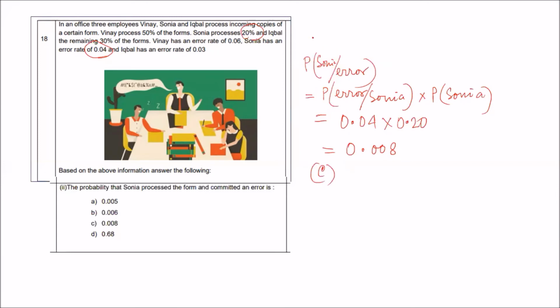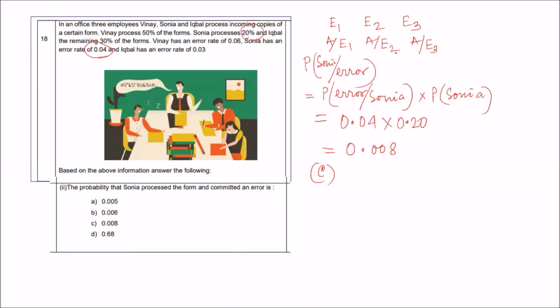Okay. In our question, we take E1. In the textbook question, we take E2. You take E3. Then you take the error, suppose A by E1, A by E2, A by E3. It is given. Now for this question, Sonia is making an error.